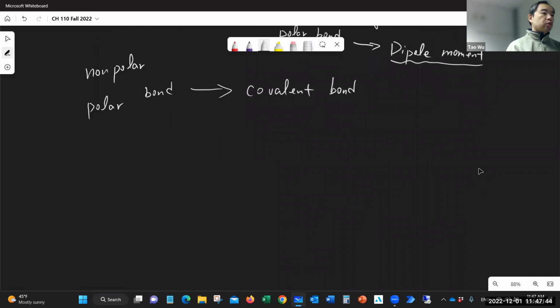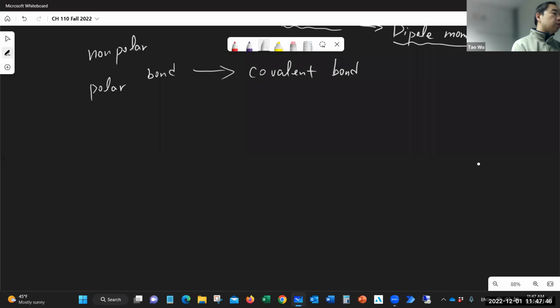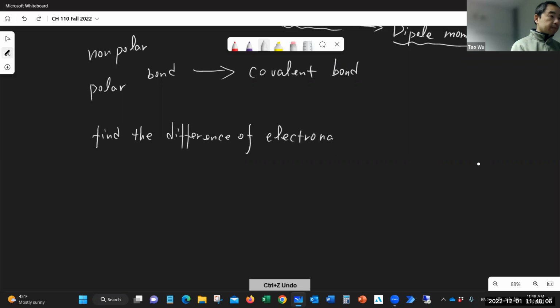We need to try to find the difference of the electron activity of two elements.